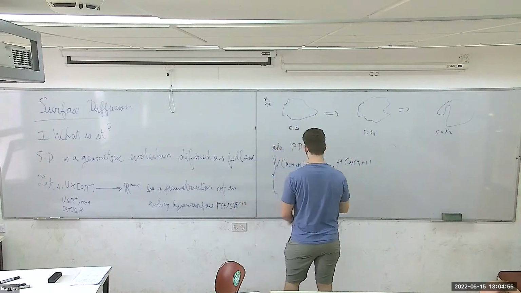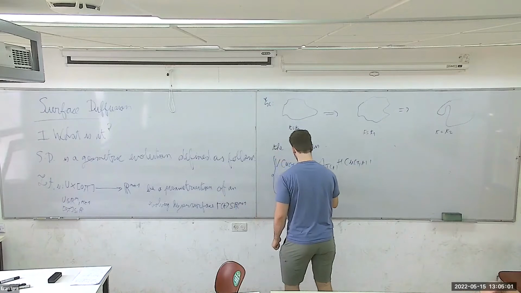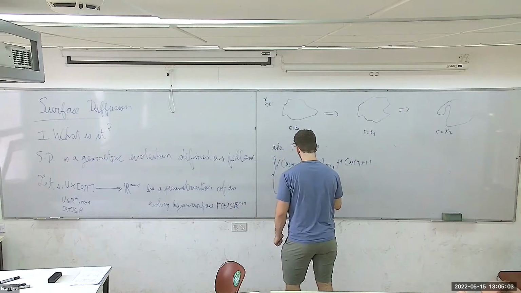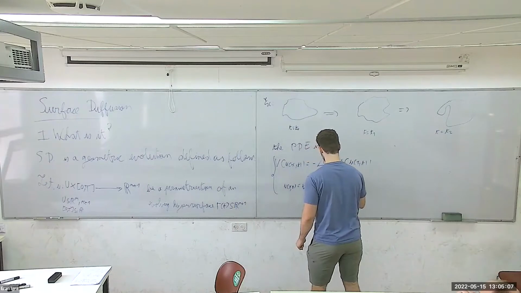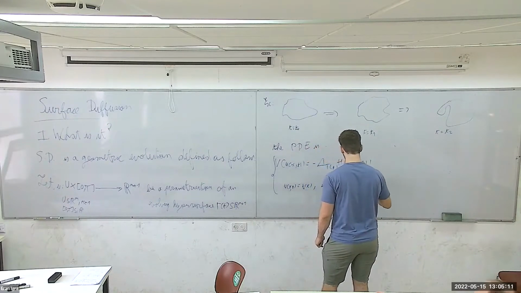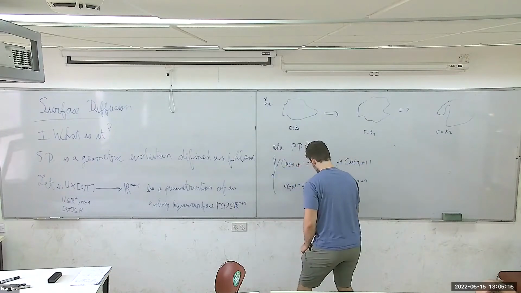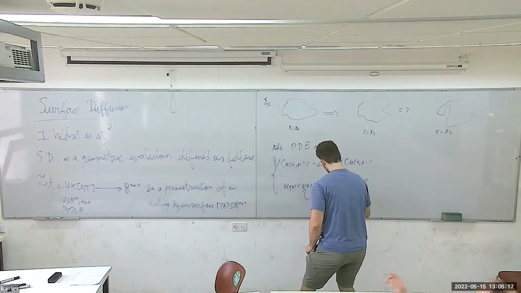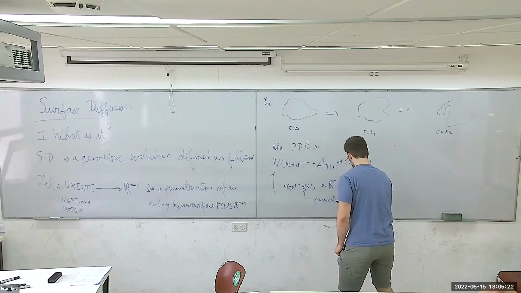And then you also need an initial condition. So it's u(x,0) is equal to some function u_0(x), where u_0 goes from U to R^(n+1). u_0 parametrizes the initial surface Gamma_0.